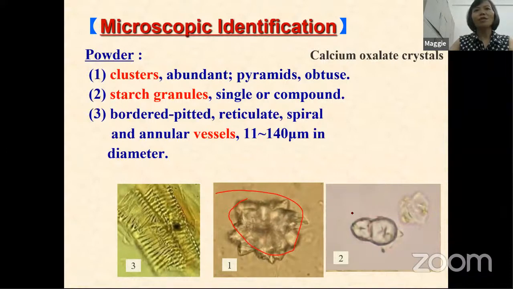And starch grains, single and compound. And the third is vessels: bordered pitted, reticulate, spiral, and annular vessels, 11 to 140 microns in diameter. So these are the powder's microscopic characters.